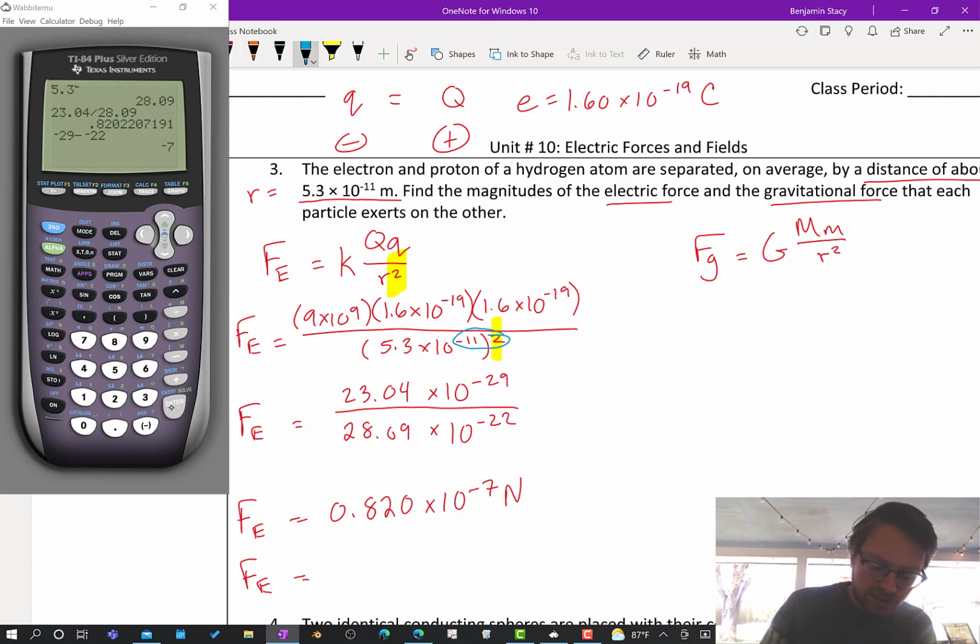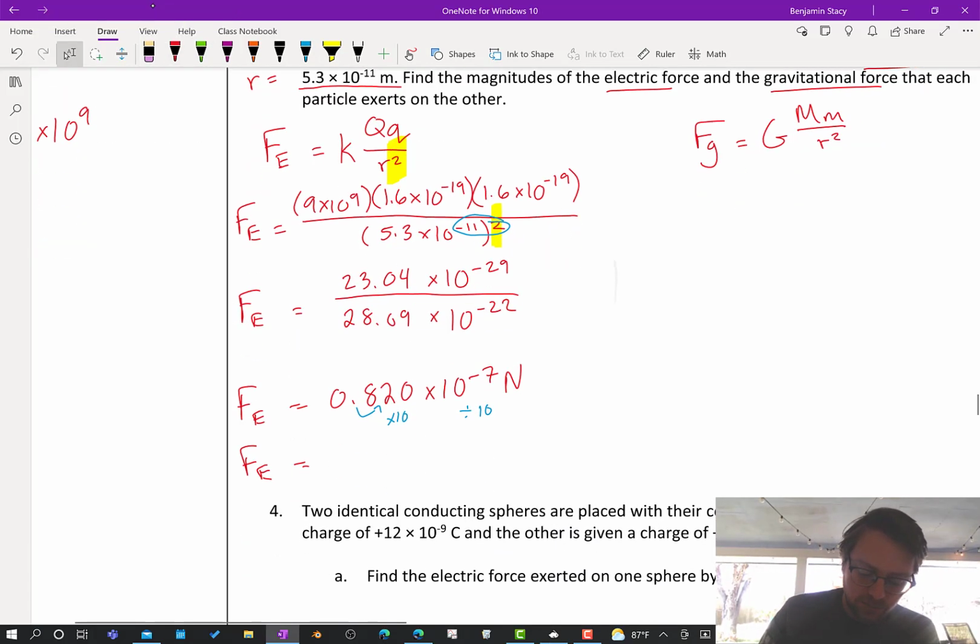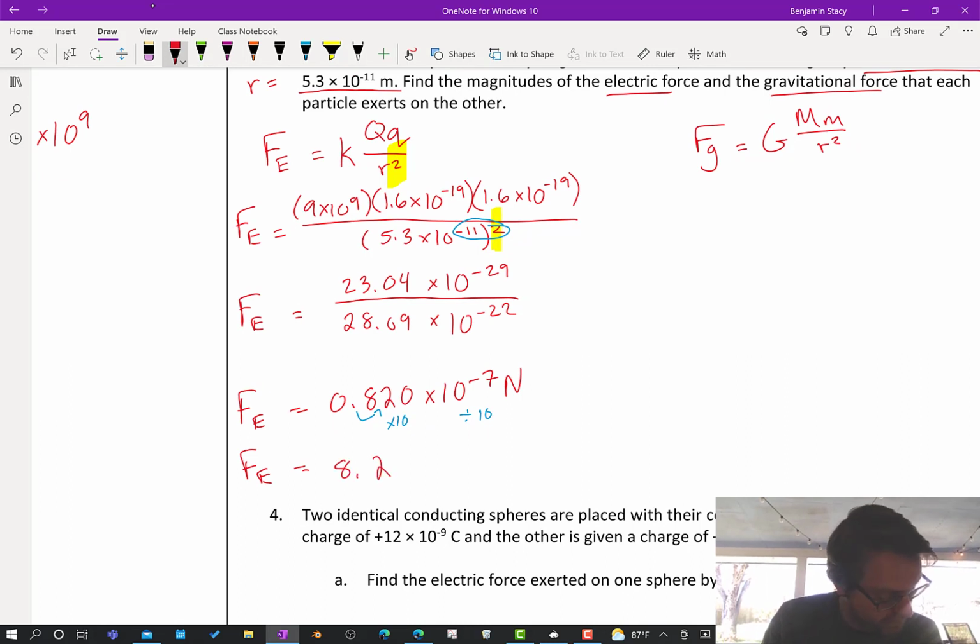So that means I want to make this 8.2. So to go from 0.82 to 8.2, I need to multiply by 10. Multiplying the prefix by 10 means I need to divide the suffix or exponent by 10. And so that means I'm going to end up with 8.2 times 10 to the minus 8.